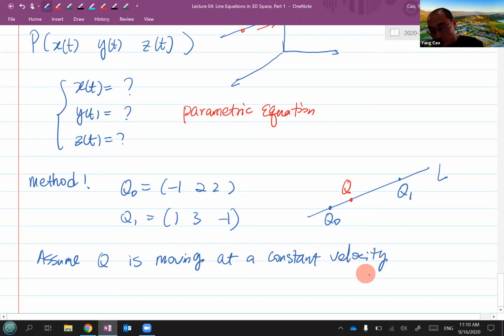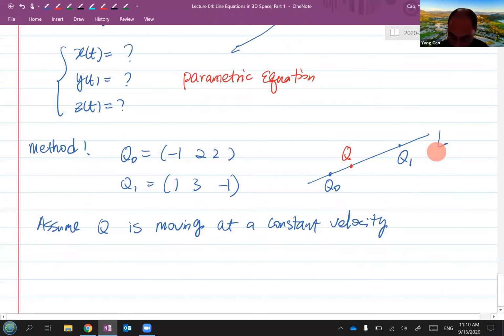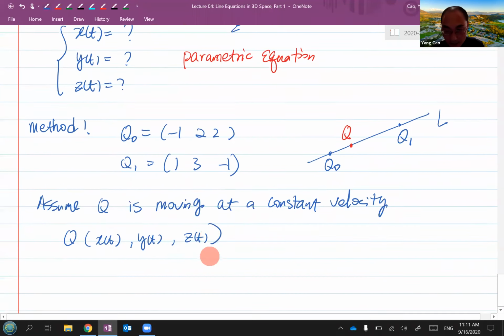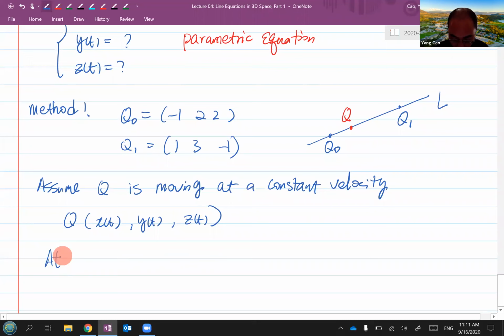Then I can represent Q with x of t, y of t, and z of t. Very simple physics.